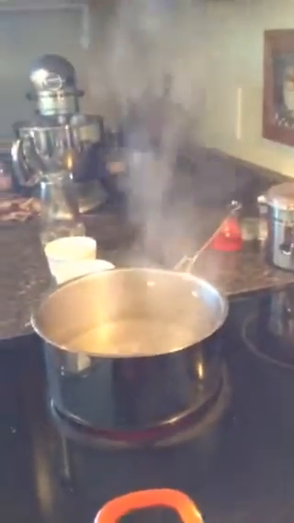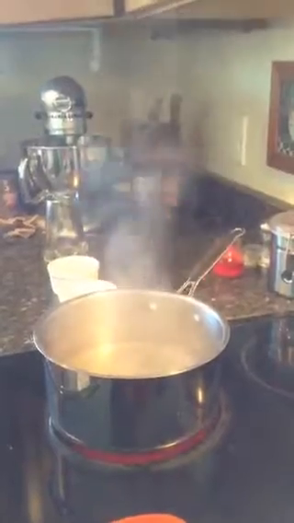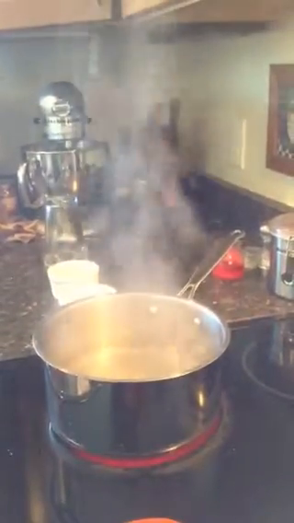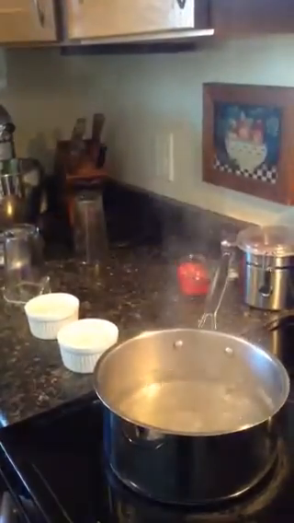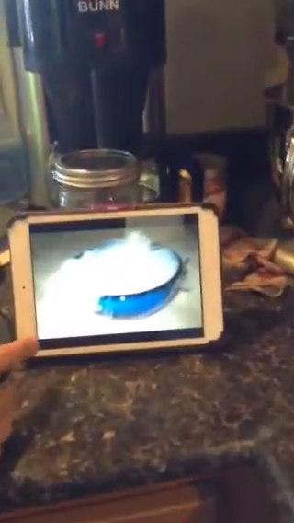The two other phase changes of water are sublimation and deposition. This is sublimation, going directly from a solid to a gas.